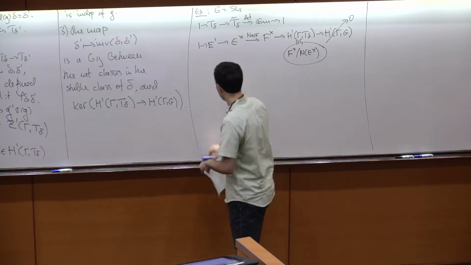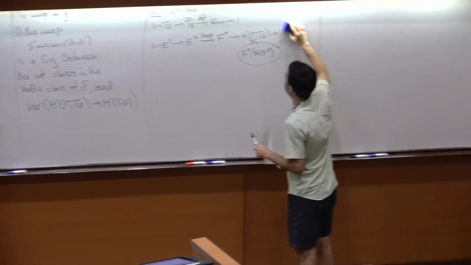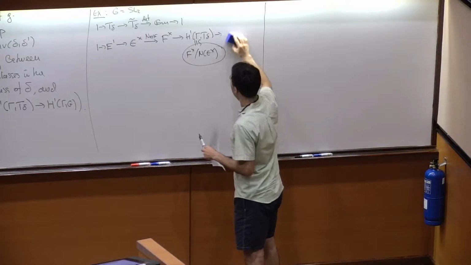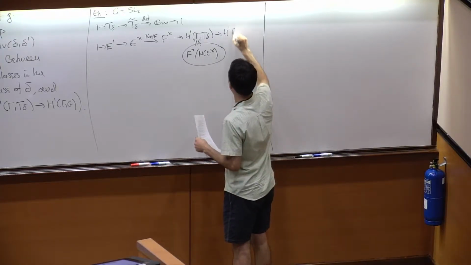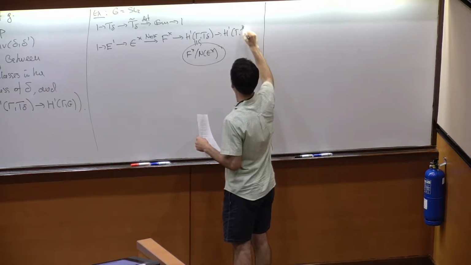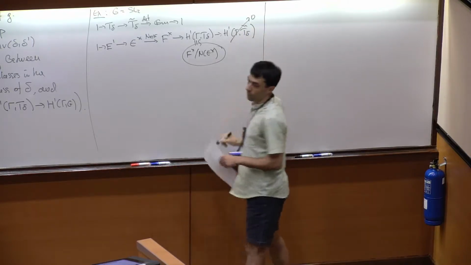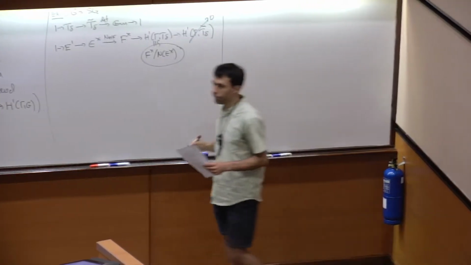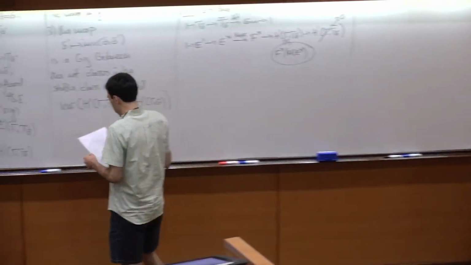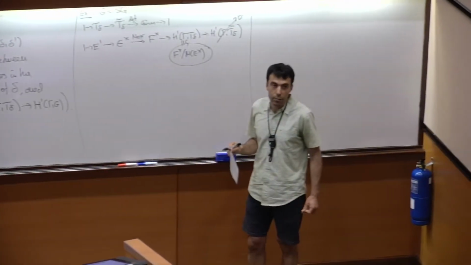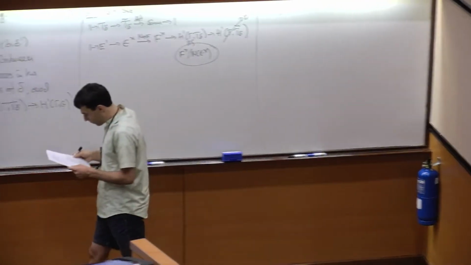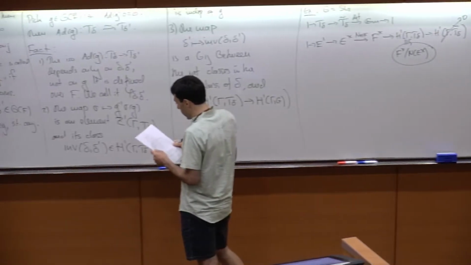Oh, I'm sorry, T delta twiddle. Thank you. Yes, T delta twiddle. There we go. Well, it's a minor exercise that tori in GL2 or GLN do not have any cohomology because they're induced tori. All right, so that's that.